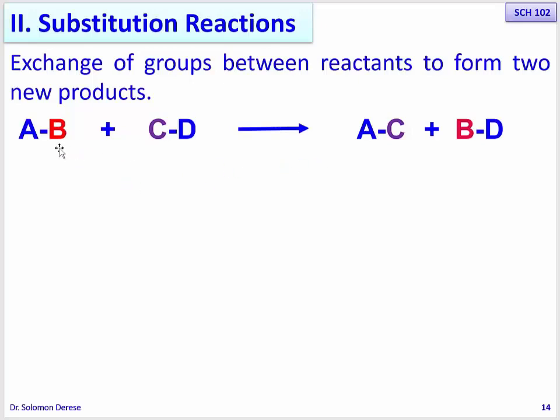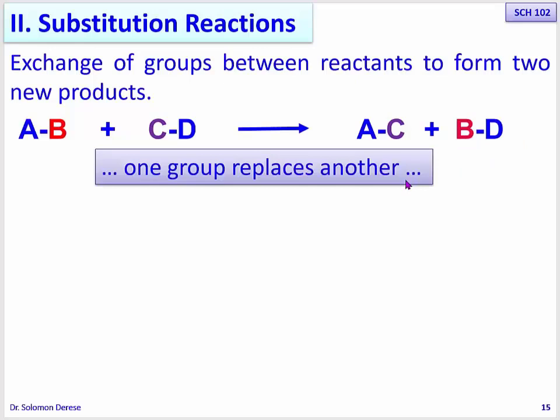B and C interchange. C will replace B, B will replace C, giving us the products AC and BD. So basically, one group replaces another during a substitution reaction. Let's just look at some examples.